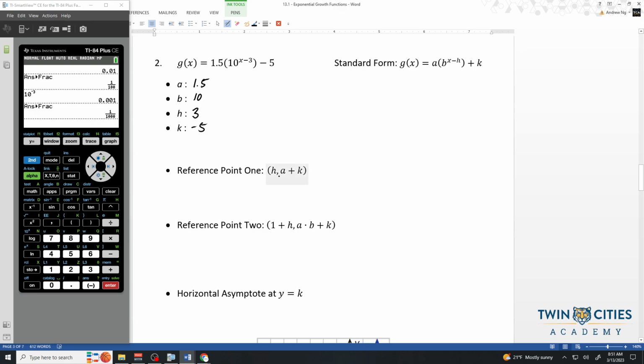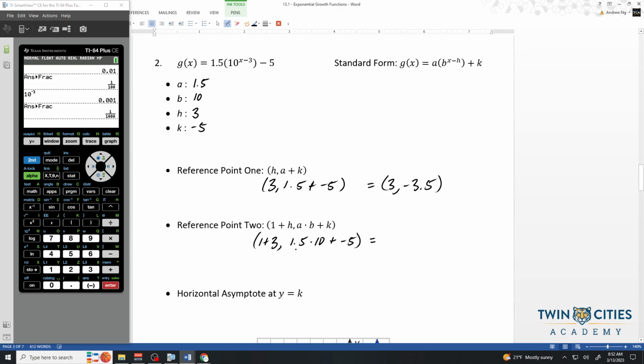First reference point is h comma a plus k. So I'd say 3 comma 1.5 plus -5. Okay, so that's going to be 3, then -3.5. 1 plus h, so that'll be 1 plus 3, comma, a times b would be 1.5 times 10, and then plus -5.